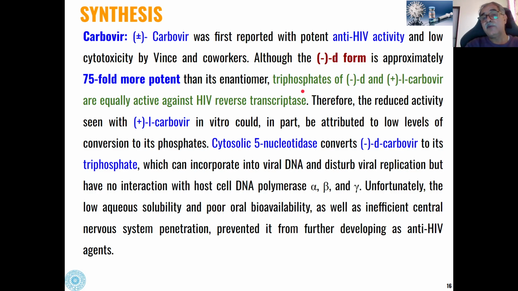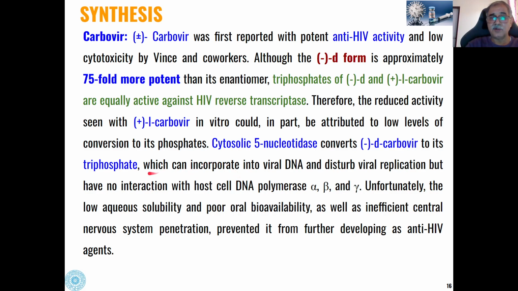The in vivo triphosphates of D and L carbovir are equally active, whereas the D form without phosphate is 75 times more potent. This is again a reverse transcriptase inhibitor.